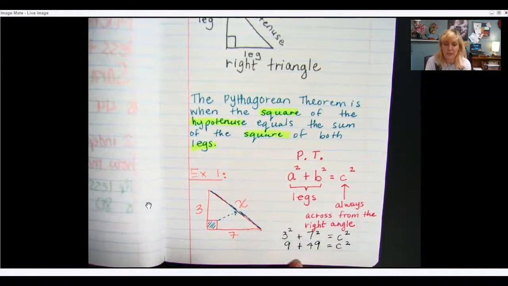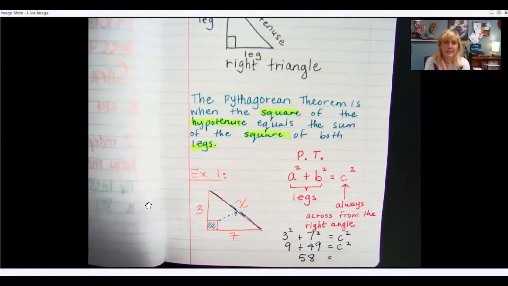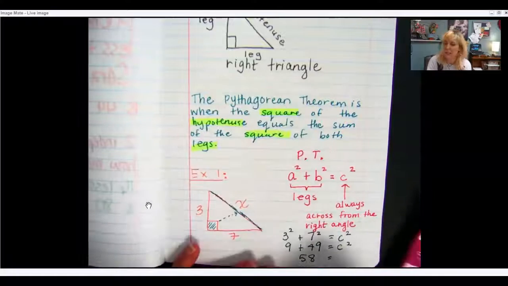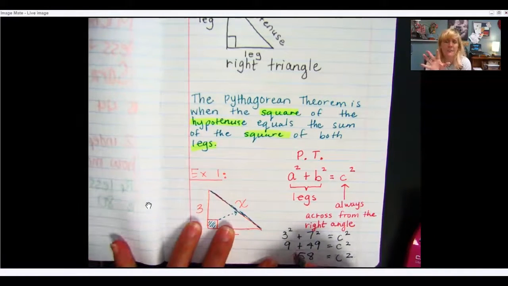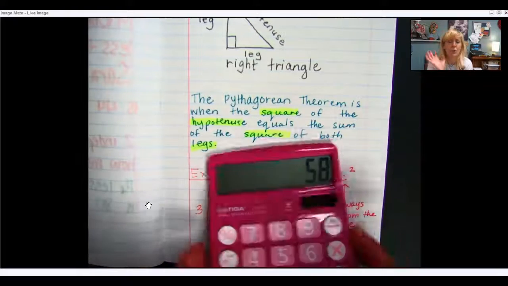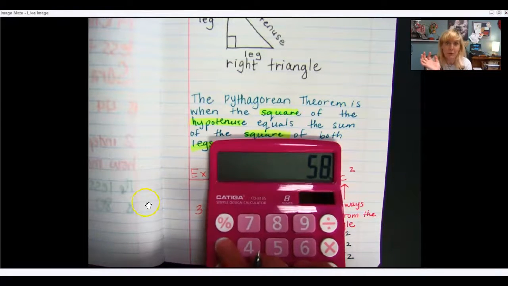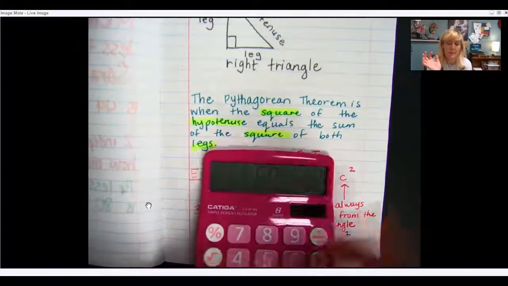So let's do 9 plus 49, and that's going to be 58. And guys, we're going to use a calculator a lot, so if you want me to just double check, there you go, that's 58. So that's going to equal c squared. We are not simplifying like perfect squares. We're just going to use our calculator. So I am about to take the square root of 58. Let me write that down real quick.